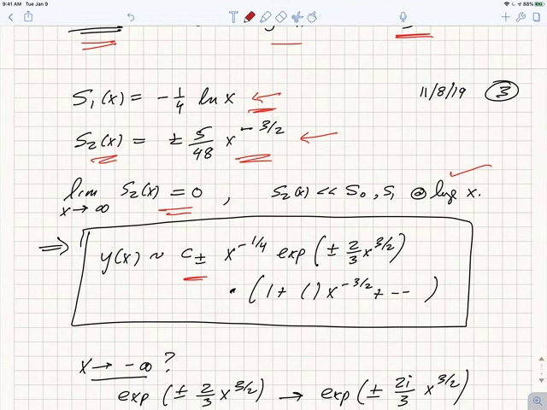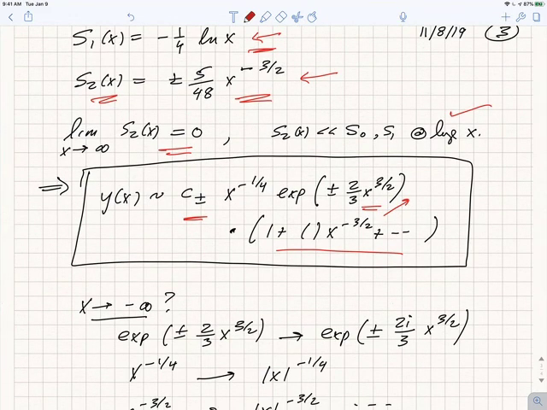There's c plus and minus x to the minus a quarter times the exponential of plus or minus 2/3 x to the 3/2 plus a power series in x. If I include the next term, the corrections are going to be of order x to the minus 3/2. I can expand it out, and that'll tell me that there's essentially a power series correction in powers of x to the minus 3/2.